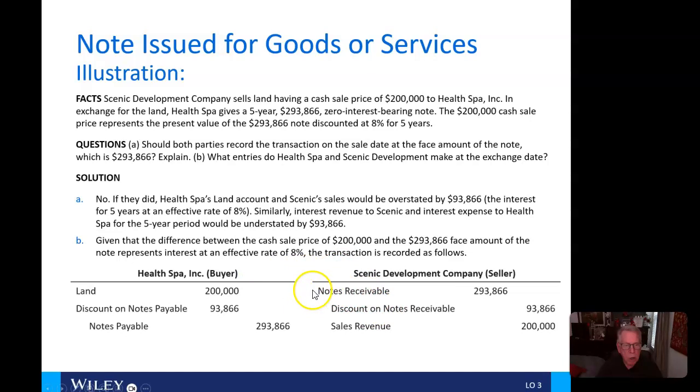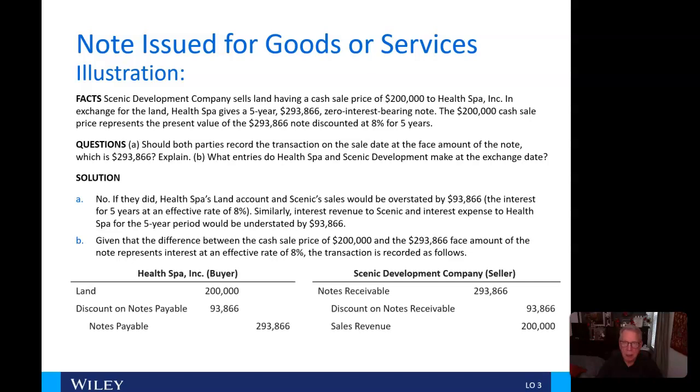They're going to show a $293,866 notes receivable as a debit, and they'll credit the discount on notes receivable for $93,866. Their sales revenue will be the $200,000 price of that land.